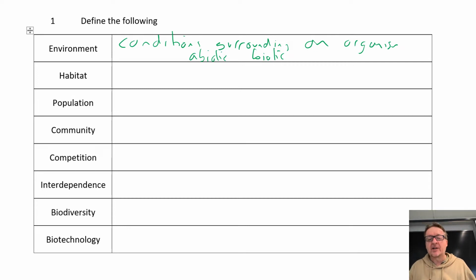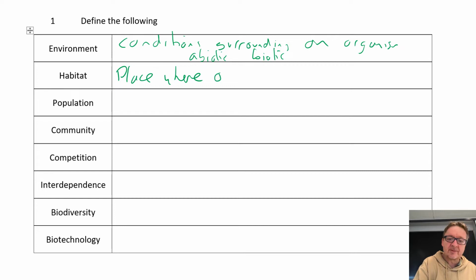So that's looking at exactly where you live, all the things that are around you, your environment. So what the area around your house is like. The habitat is the place where organisms live. Okay, so it could be a lake, it could be a pond, it could be a forest, it could be anything.